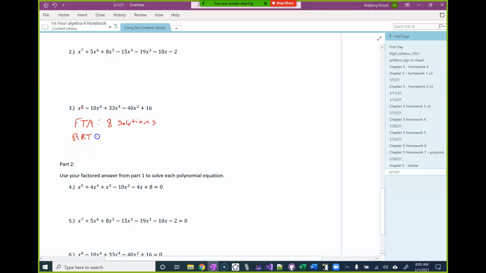And then I can determine the possible rational factors are going to be the factors of the constant term, 16, divided by the factors of the leading coefficient, 1. Since we're dividing by 1, that doesn't really do anything. So I just need the factors of 16.